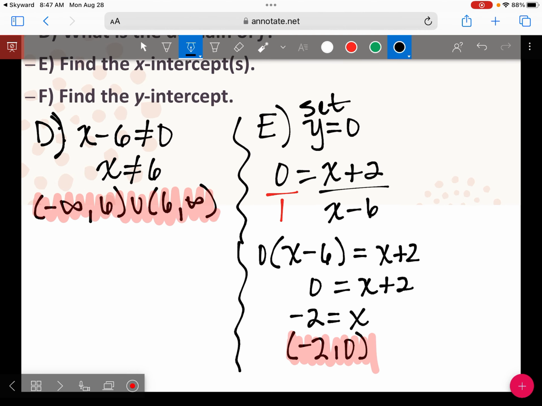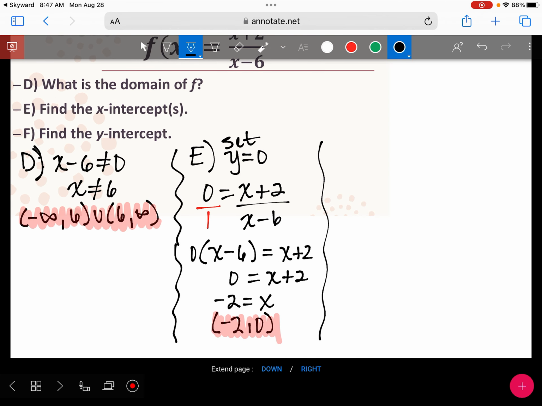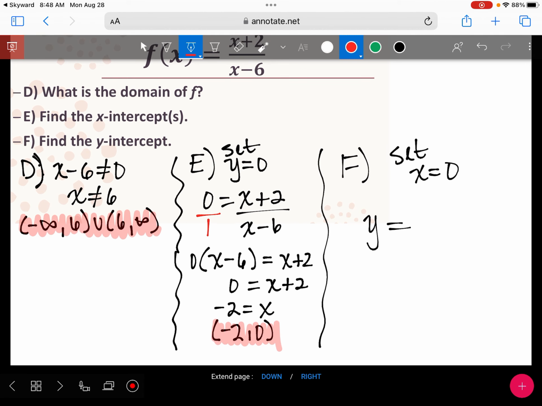And then lastly, for part F, to find your y-intercept, you're going to set x equal to 0. So that would be y equals, and then you would have (0 plus 2) over (0 minus 6).